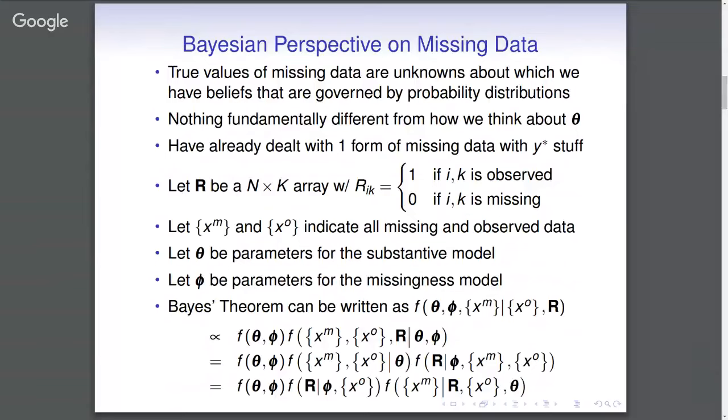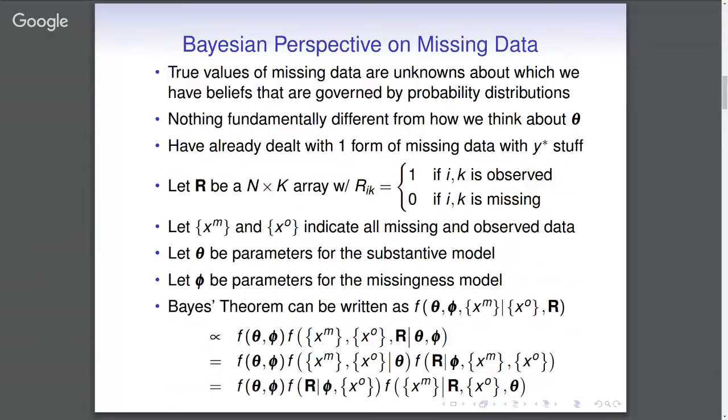And so that missingness part of the model, the not substantive one, is going to be governed by some parameters phi. And so then we can write down Bayes' theorem, again, before we've gone out and tried to collect the data, as a posterior PDF for theta, for phi, and for all the missing values, conditional on all the observed values of x and the matrix R.